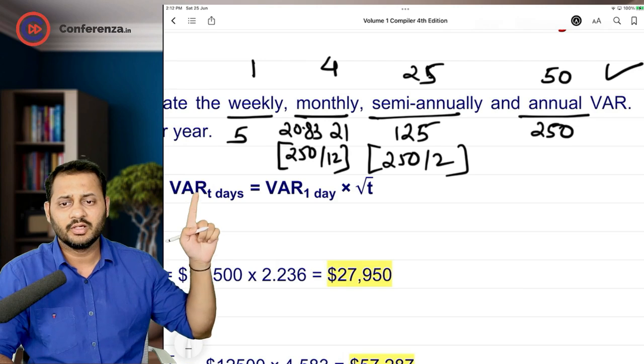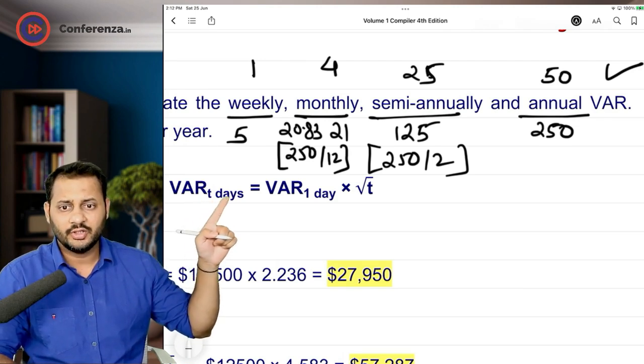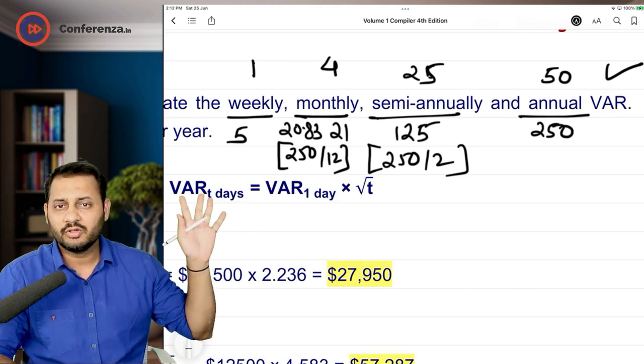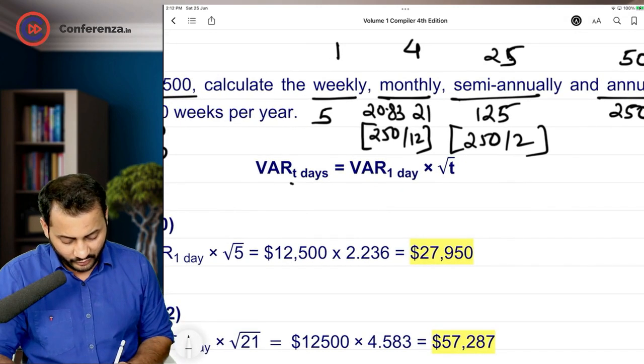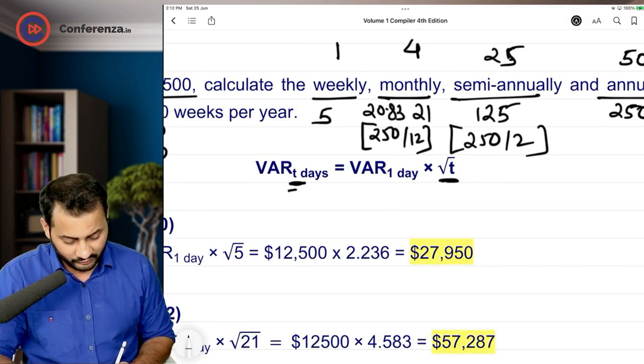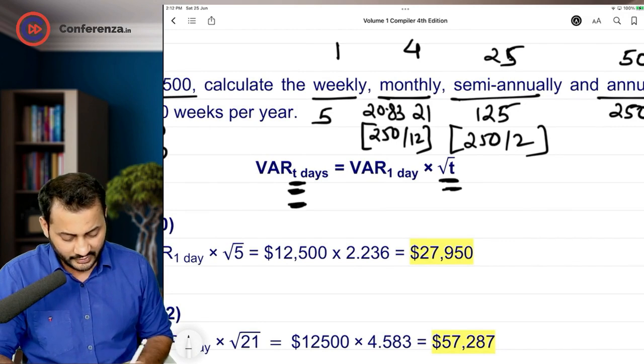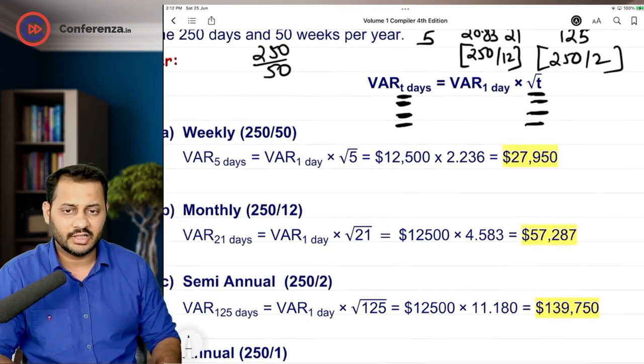If you have to calculate the VAR for any number of days, you have to use this formula. So VAR for 250 days, under root 250. VAR for 125 days, under root 125. VAR for 21 days, under root 21. VAR for 5 days, under root 5. Have a look.